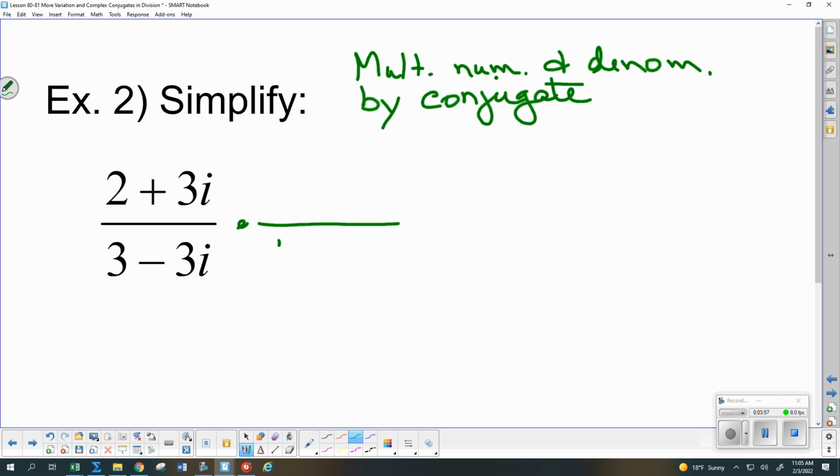So the complex conjugate would keep the real part the same and change the sign on the imaginary part. So we need to multiply numerator and denominator by 3 plus 3i. And it is just a matter of foiling and simplifying.